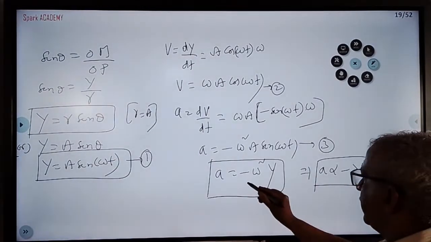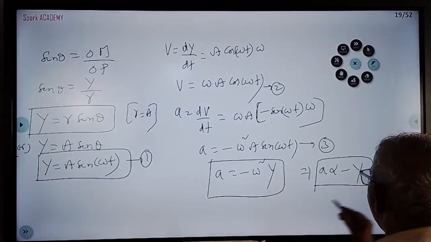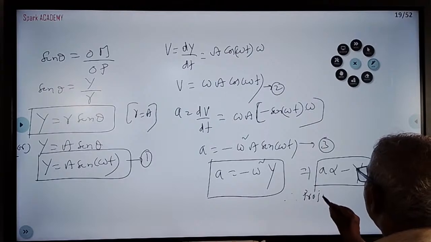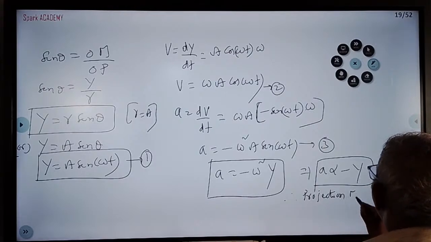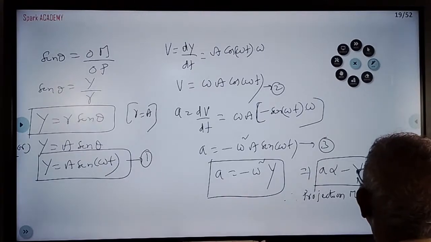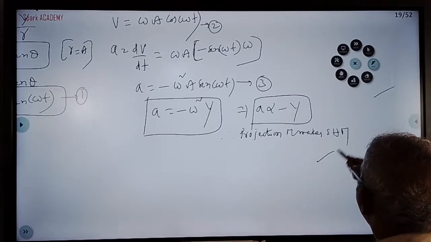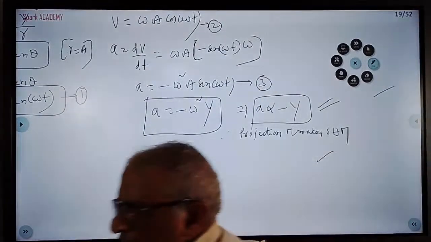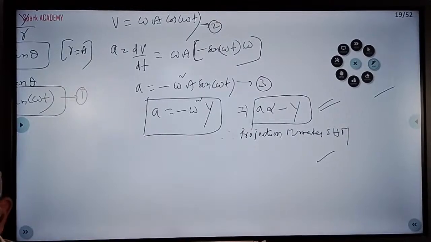We have to prove that a is proportional to minus y. Therefore, the projection M makes SHM, simple harmonic motion, because this condition is satisfied. This is called the projection of uniform circular motion on a diameter is SHM.